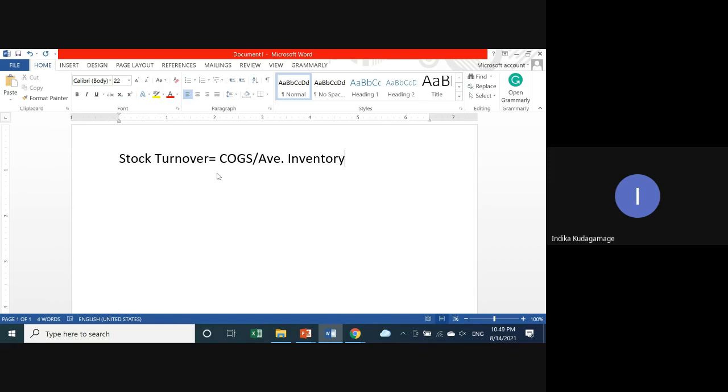Right? Stock turnover is how many times you convert your inventory into sales, right? Stock turnover or inventory turnover. Then we have another ratio. This ratio will work out as times, right?